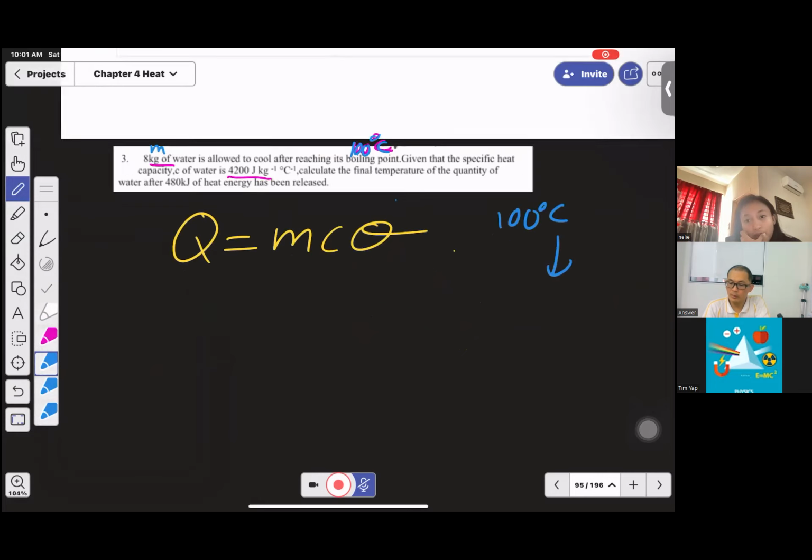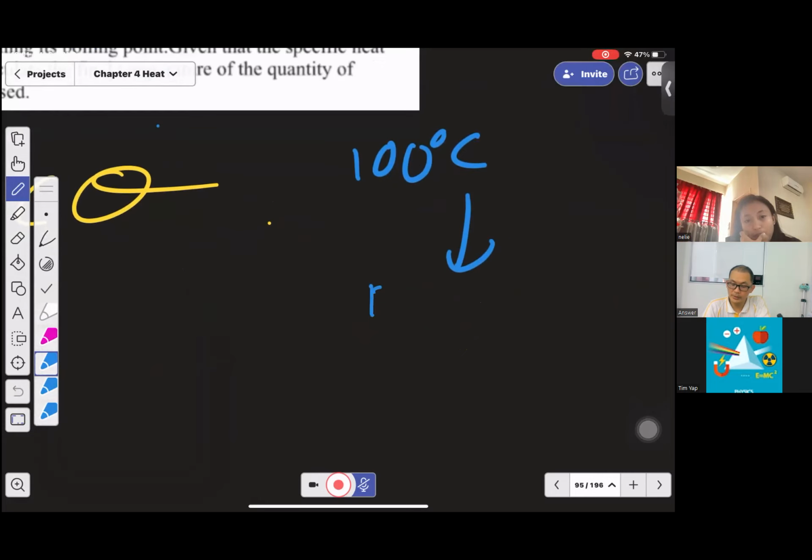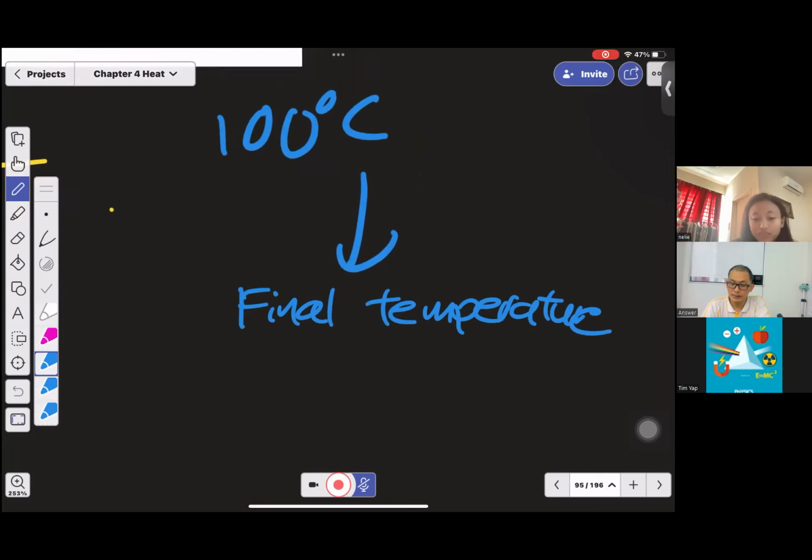So it cools down from 100 to a final temperature, which I don't know, right? I don't know what this temperature is, but I know it cools down, right?